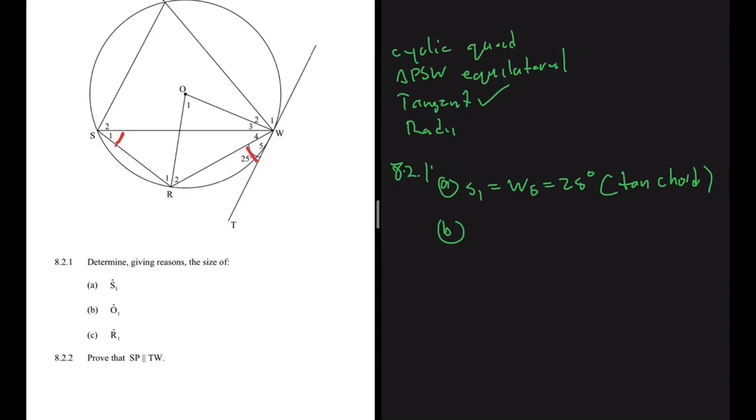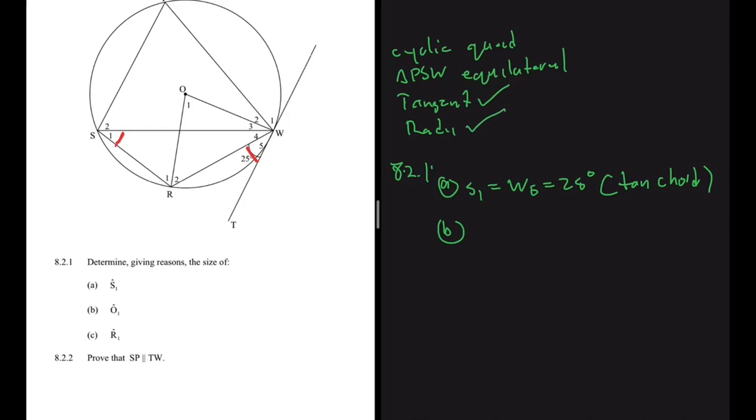So it cannot help us with anything. And then tangent, O1 is at the center of a circle. There's no immediate way that is connected to a tangent, right? Because usually when we're talking about tangent, we're talking about the tan chord theorem. And now the only option we're left with is radii, right? Let's look at how radii can help us.